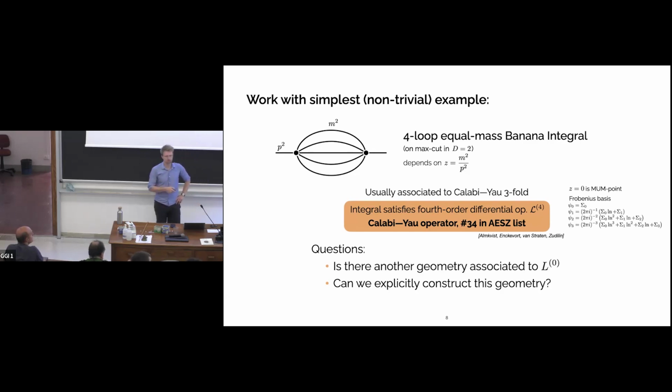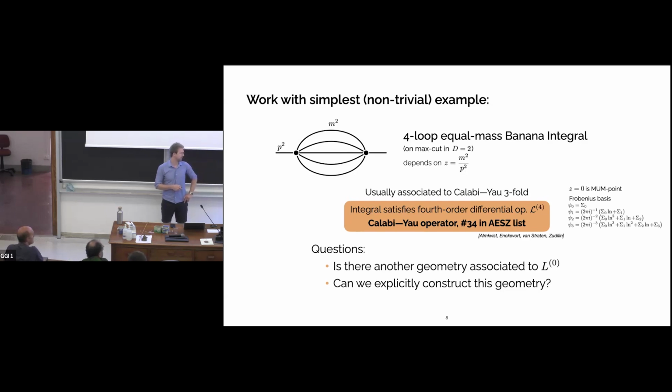The typical story is that this is associated to a Calabi-Yau threefold. If you look up banana integrals, there have been quite a lot of papers on this. There are different ways to find this identification. You can look at the maximal cut and identify it as periods, or defining a hypersurface in weighted projective spaces is one way. The other way is to derive the differential operator that annihilates this integral, which will be a degree 4 operator in z.